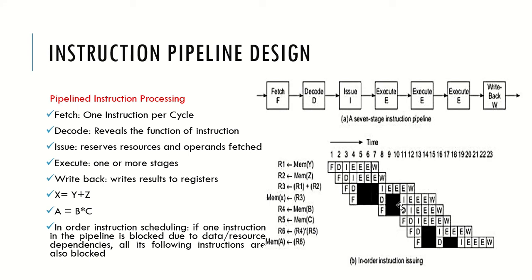In the 11th clock cycle, you will be issuing. Okay, so you will start with the execution, and finally in the 15th clock cycle, you can actually get the data into the memory location specified by X. Similar is in the case of R4, R5, R6 and the last instruction also. They also will have to stall according to the non-availability of resources.